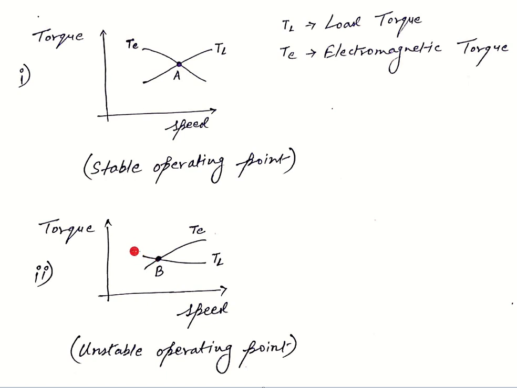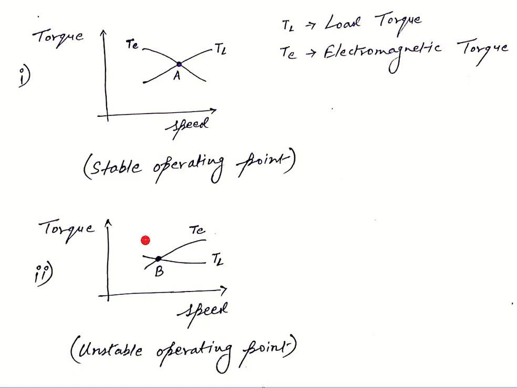So what happens actually? If anyhow the speed of the motor decreases beyond this point, the load requirement will increase and the output torque will decrease.